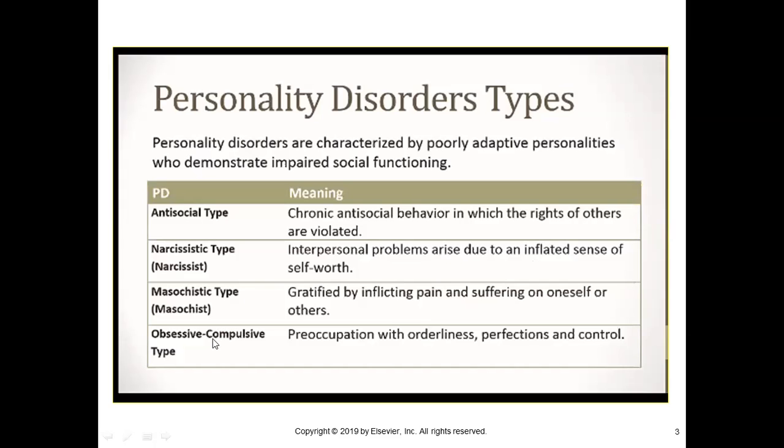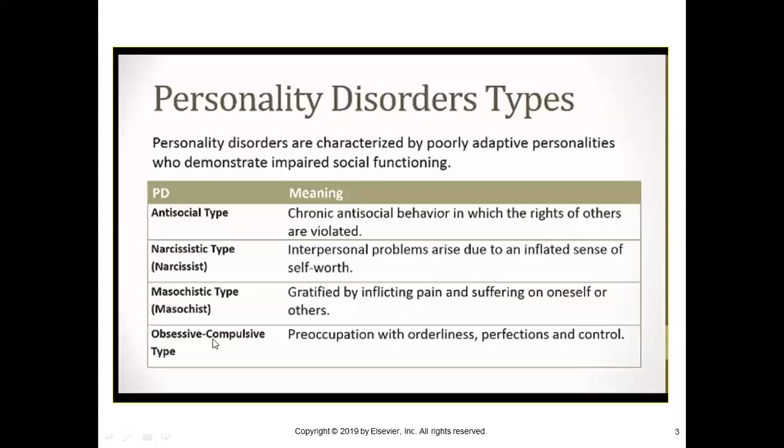So obsession, some people have an obsession. They do the same thing, repeat again and again, the same thing. And if you stop them from doing the same thing, their anxiety will increase. So they do this to reduce their anxiety.